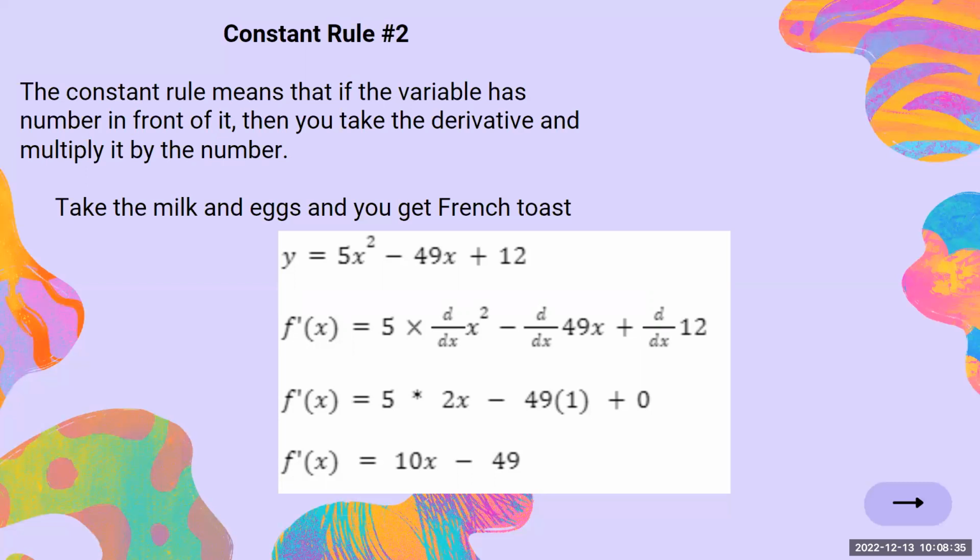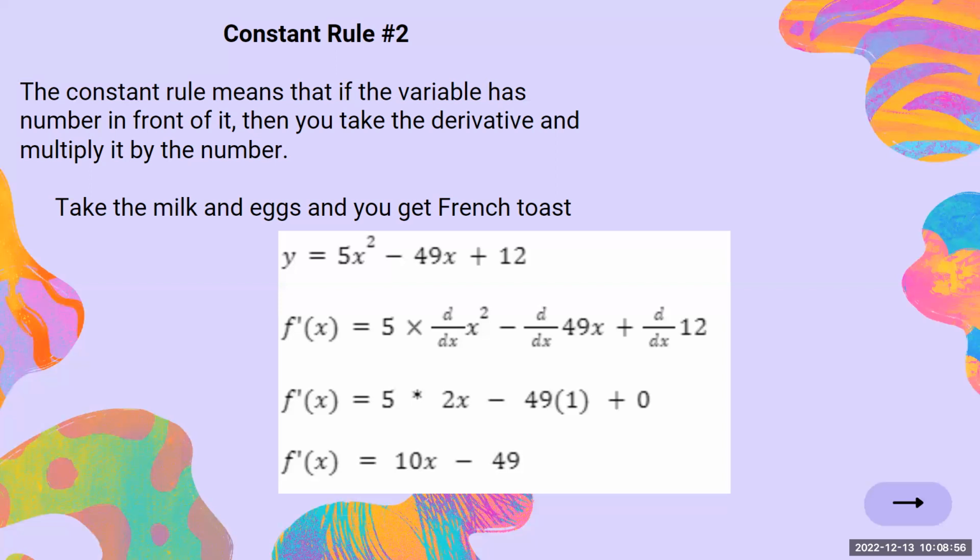And then you would get 5 times 2x minus 49 times 1 plus 0, since for 12, every number is 0. And for 49, the x is just a 1, so you just have 49 here.